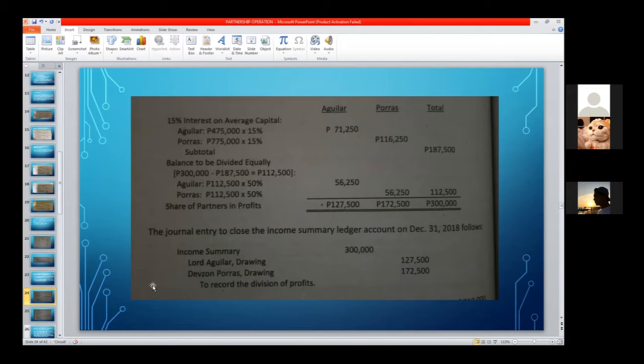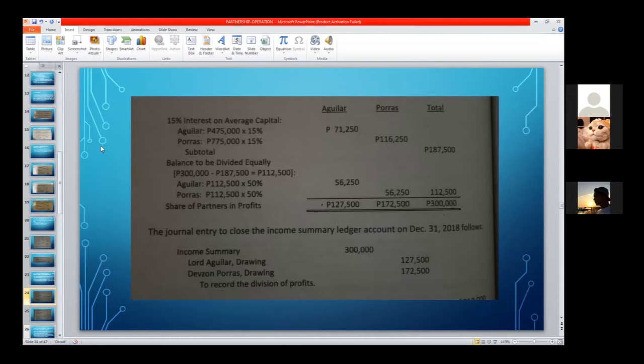So, kaya binase nila yung 15% interest sa average capital. So, yung 15% interest, tignan nyo mabuti kasi pwedeng hindi lang sa average capital na ibase. Pwedeng 15% interest on beginning capital. Pwedeng 15% interest on original investment. So kaya be careful. Tignan nyo kung saan nila binase para doon nyo i-multiply yung interest.